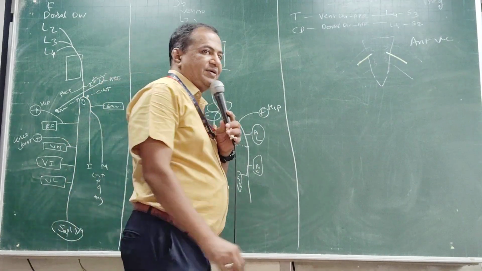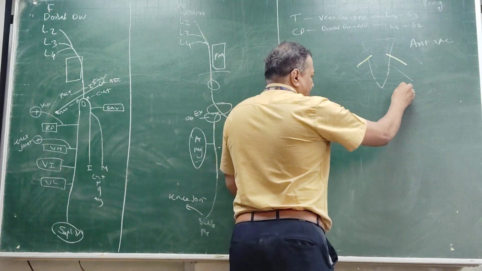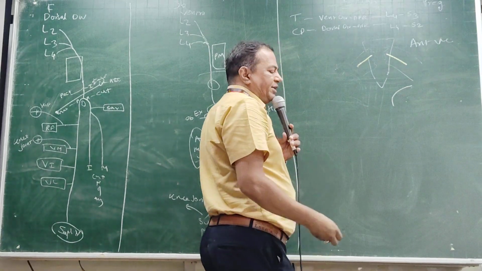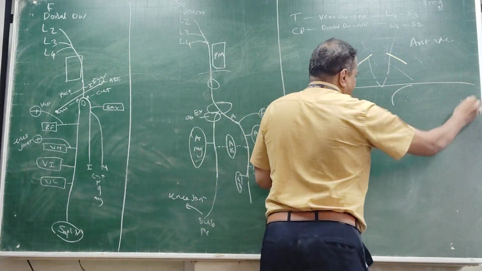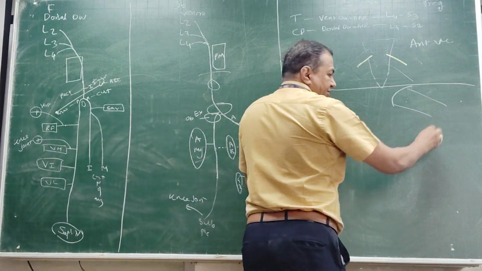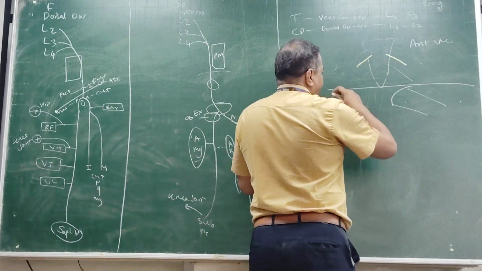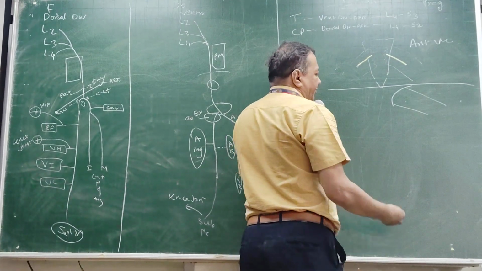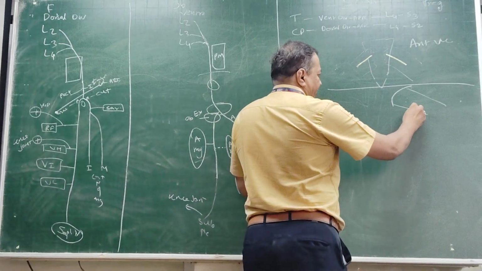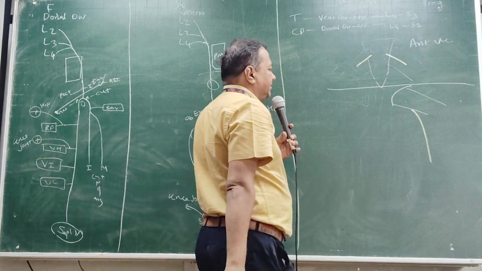So when you look at a posterior view, this is the greater sciatic notch. Now I am separating these two diagrams completely, and piriformis is coming out of it. Anterior to piriformis is the sciatic nerve, which will be coming like this.